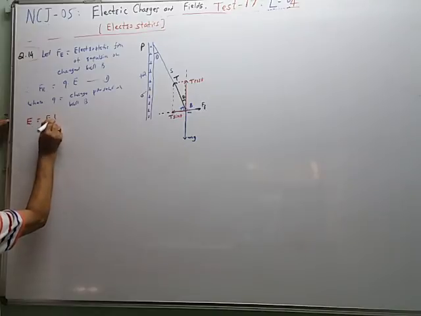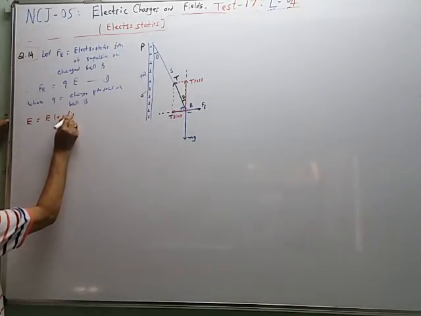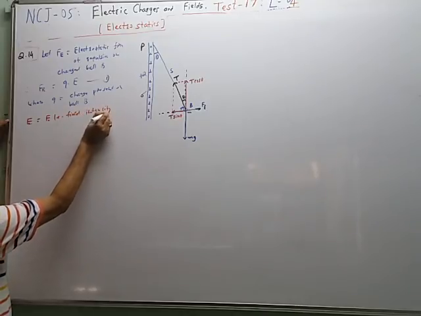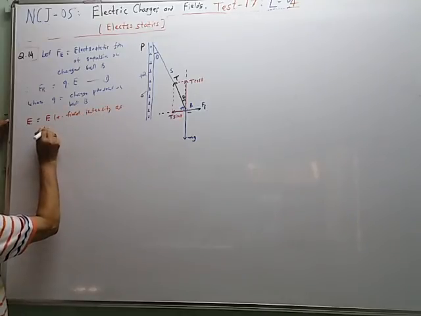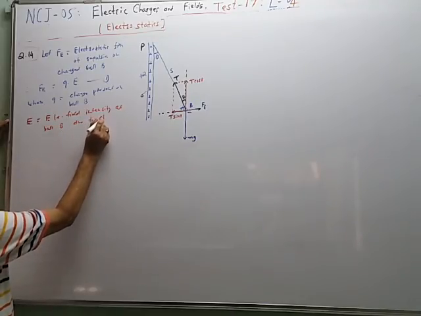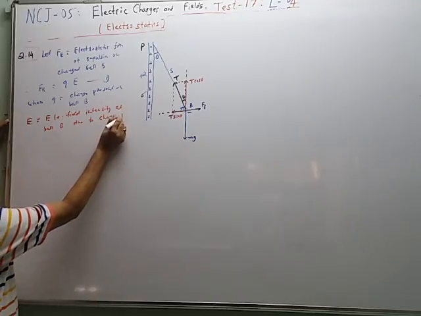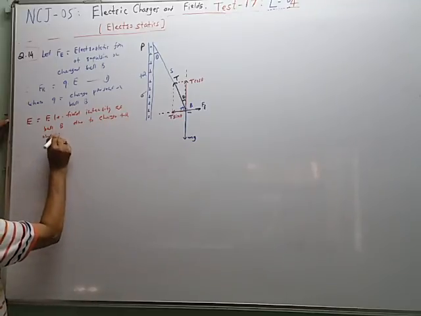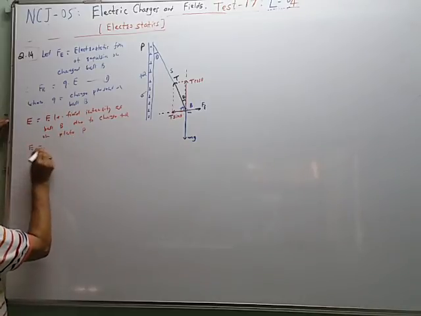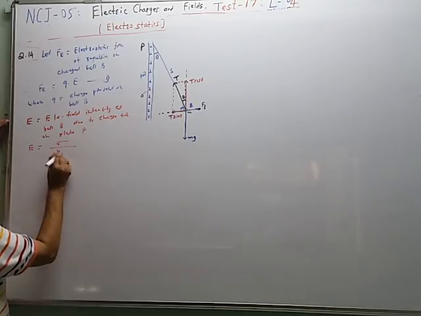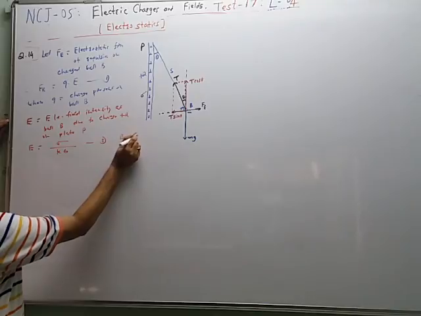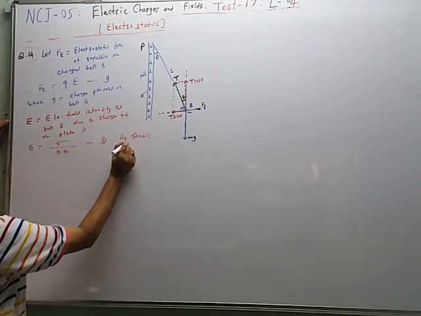E is equal to electric field intensity at ball B due to charge plus Q on the plate P, and therefore E is equal to sigma upon K epsilon naught. This is the equation taken by Gaussian theorem. The Gauss theorem is the third application.